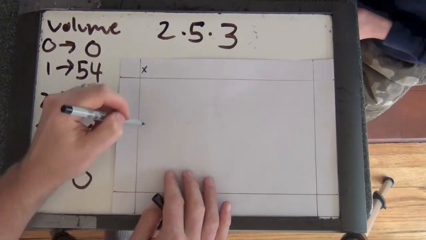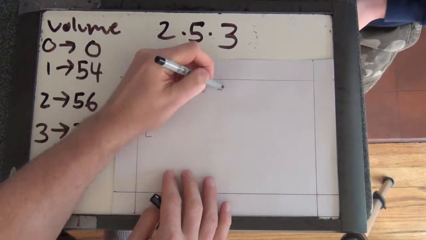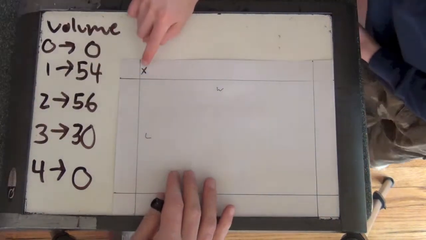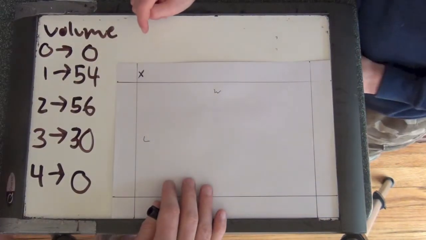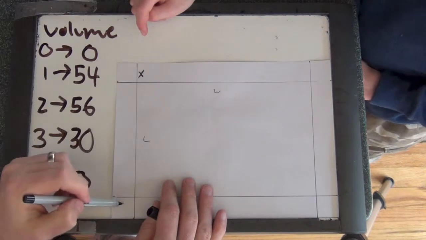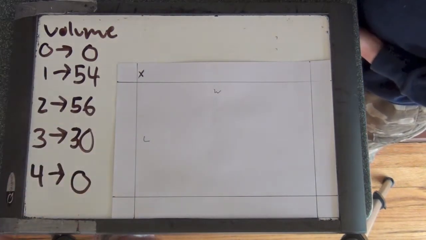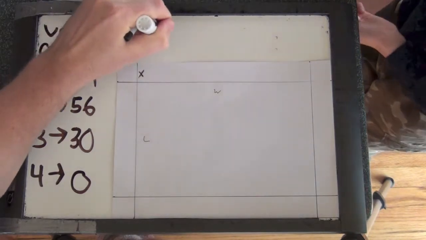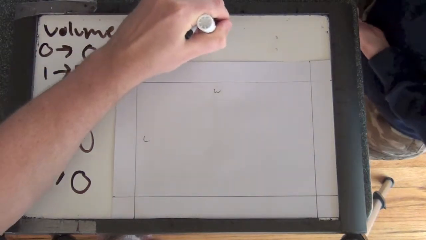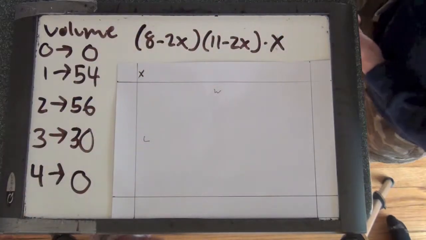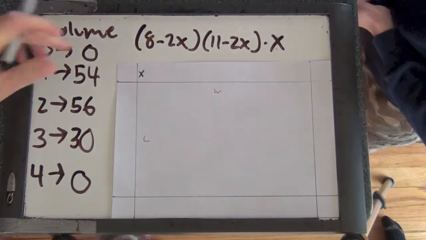What would my length be, my width, and my height? The length would be 8 minus 2x. The width would be 11 minus 2x. And the height would be x. Okay, very good. So that's my formula.